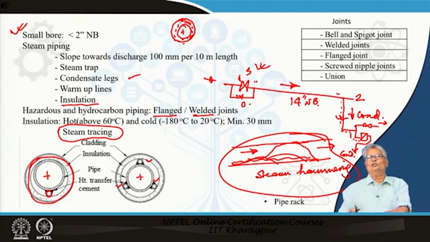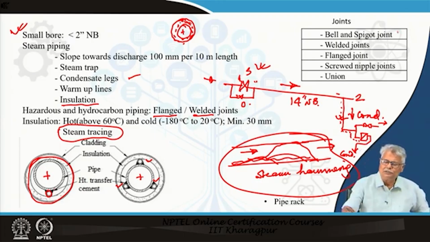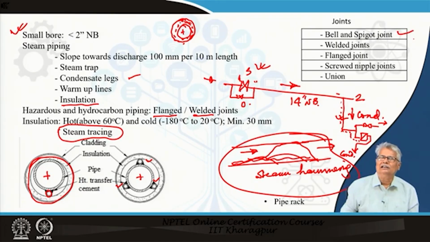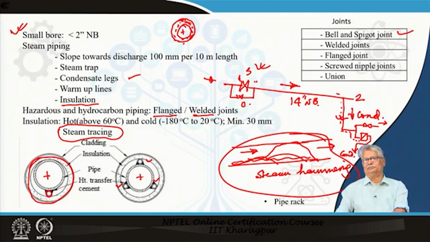Here we have also the types of joints which are used in pipes. The bell and spigot joint is usually used for large diameter ceramic pipes or very large diameter pipes, which will be carrying either sewage or something at low pressure, under gravity or under very little pressure.